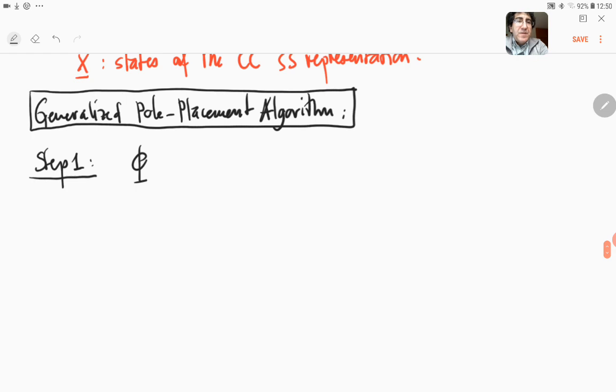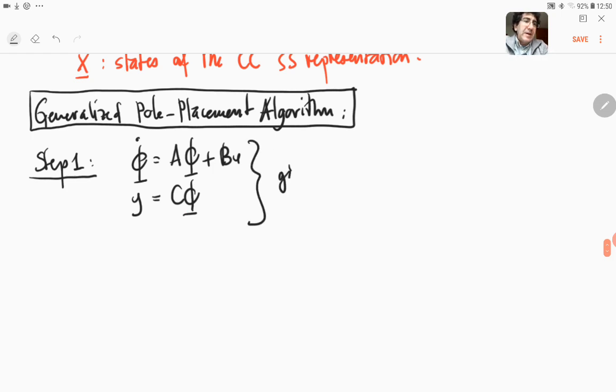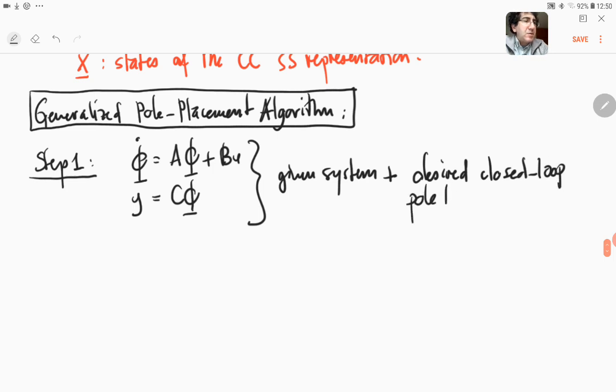Okay, so we have the first step. Given the system phi dot equals A phi plus Bu, y is equal to C phi, as the given system, plus you have desired closed loop pole locations lambda 1 to lambda n.